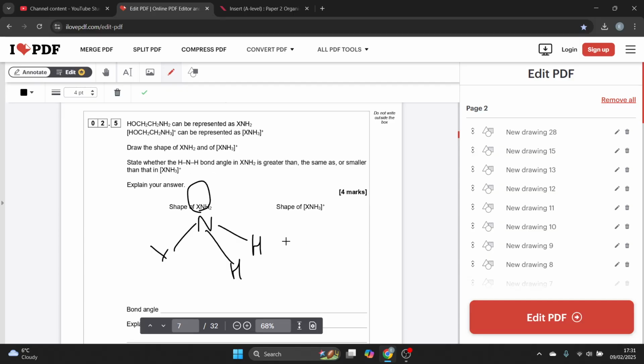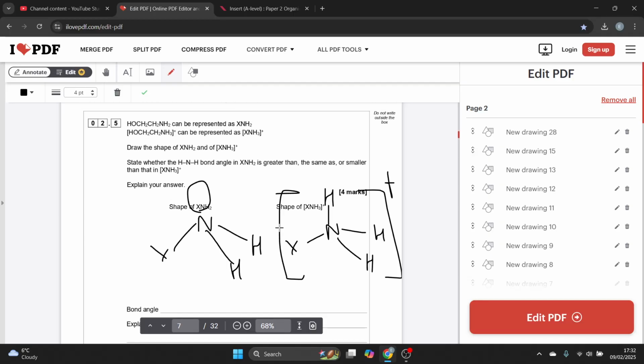Then XNH3+, X N H H H, and because it's an ion it has got square brackets, positively charged. There we go. And obviously the XNH3+ has no lone pair of electrons.